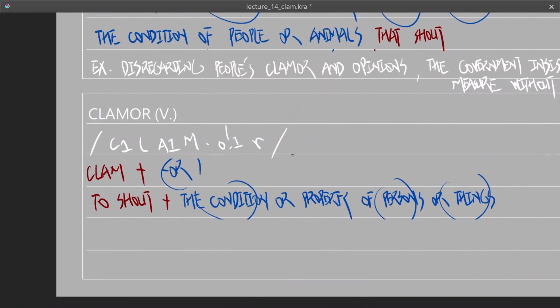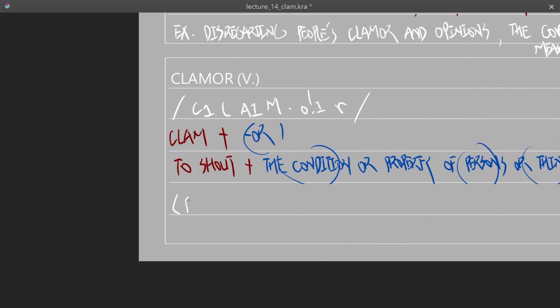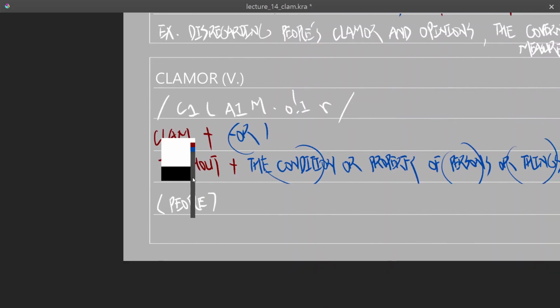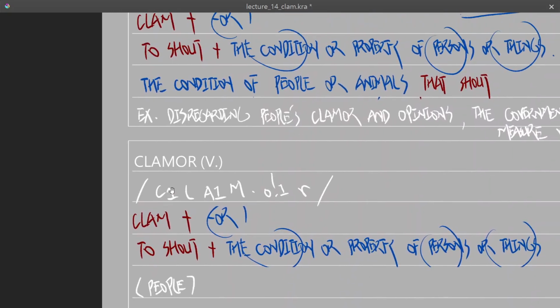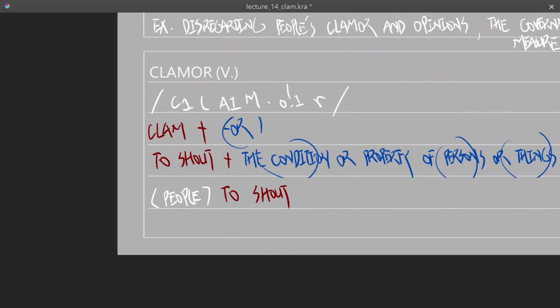Right, so as a verb, it means what? It means to shout. Used for people, not animals. So people, to shout. That's it.